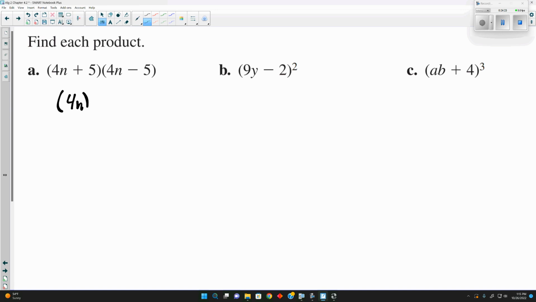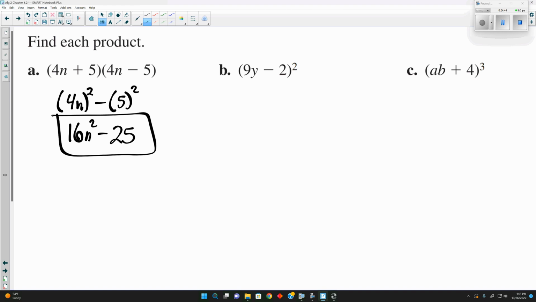So really what we're saying is that we take the first term squared minus the second term squared. Well, 4n times 4n is 16n squared. Minus 5 squared is 25. That's it factored.